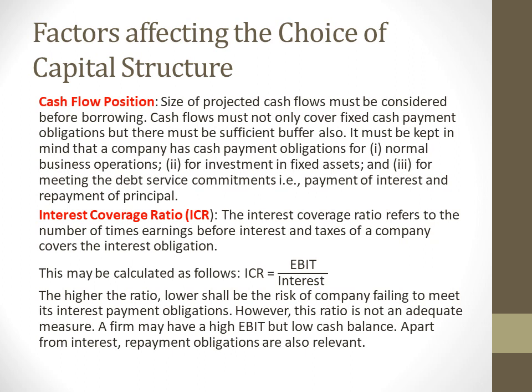If this ratio is higher, the lower shall be the risk of the company failing to meet the interest payment obligations. Means अगर ये ratio higher होगी तो कंपनी अपनी इंटरेस्ट पेमेंट्स को इजीली मीट कर सकती है. If this ratio is not sufficient, then it will not be able to make interest payments regularly.